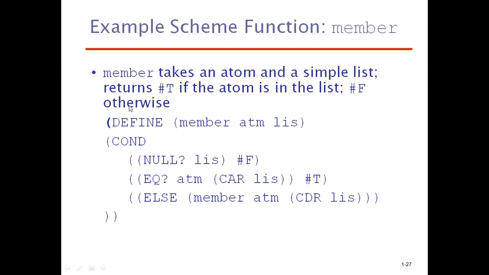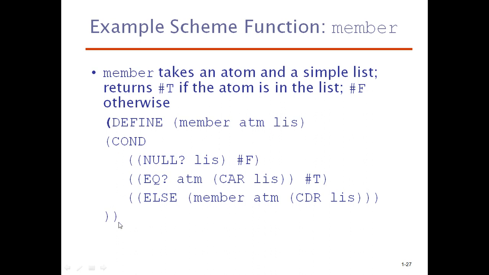Now we will observe the function define member ATM list. See, ATM means here atom, because we are going to give a single element to be checked against the list of elements. We all know that yesterday we have seen the statements must be enclosed within the open bracket and close bracket.